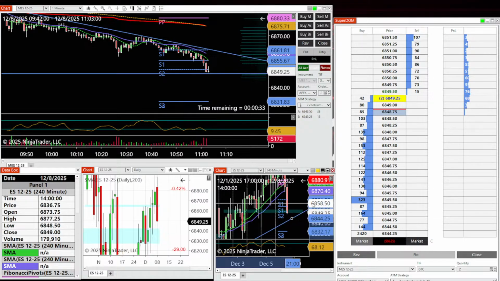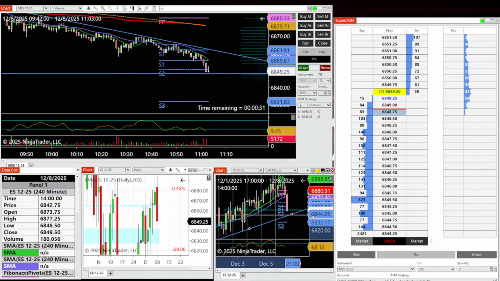If it's breaking 50, are we also going to break 50? If we break 50, we can get a stronger move down to 40 if we stay below 50.